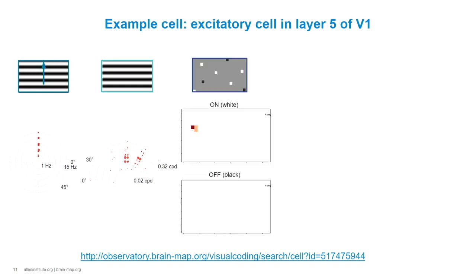In response to our locally sparse noise, this allows us to characterize where on the monitor the cell is responsive. Where is that receptive field located? We're able to map a receptive field for both the white squares and the black squares separately, so we can look at these different subunits independently. This particular cell only responds to white squares off in the left-hand side of the screen, so the equivalent of this region of space relative to the mouse's viewing.